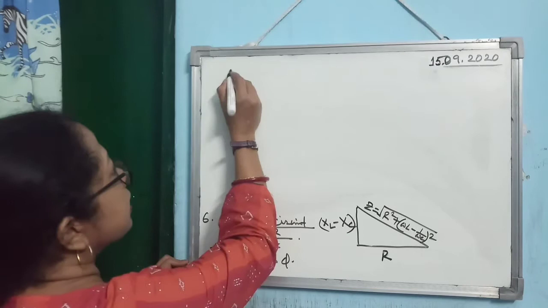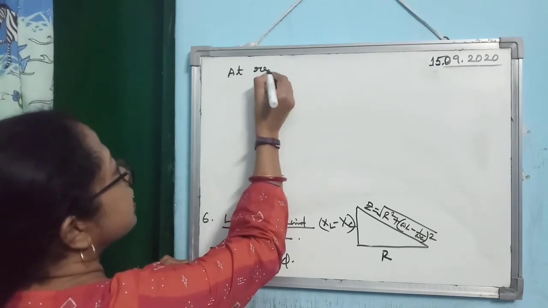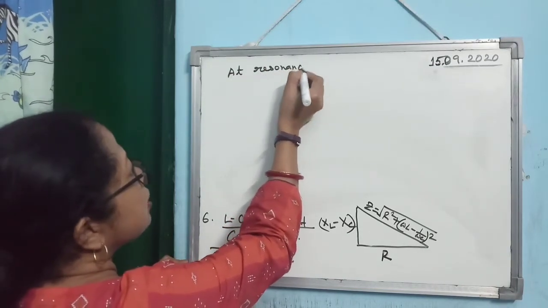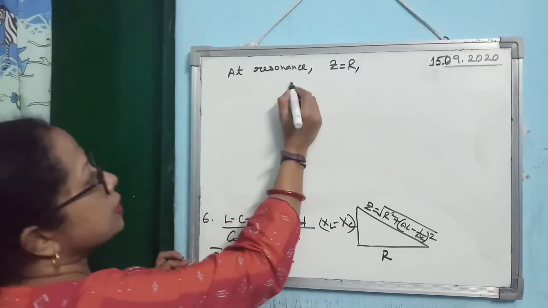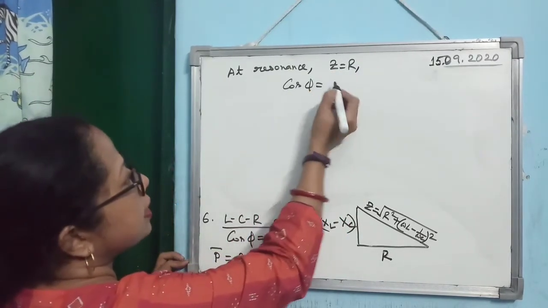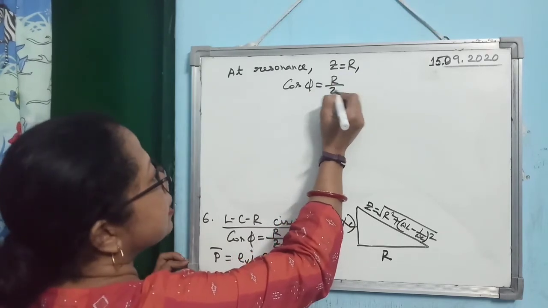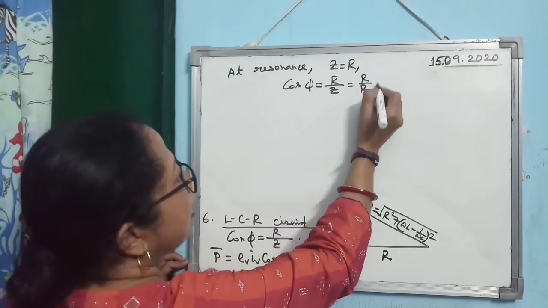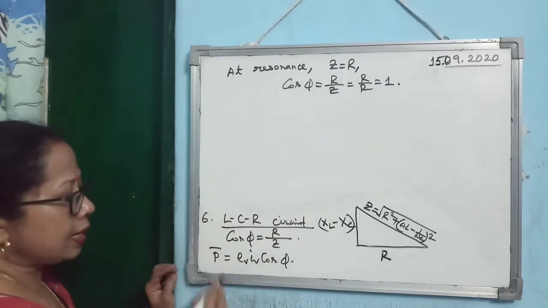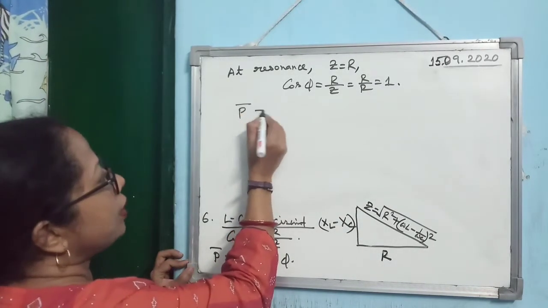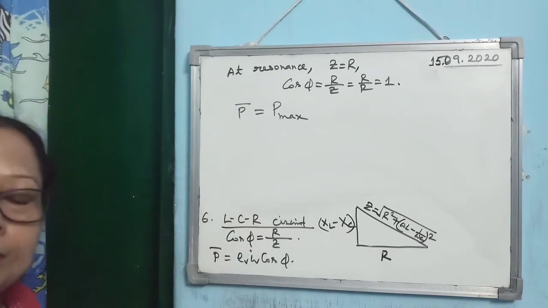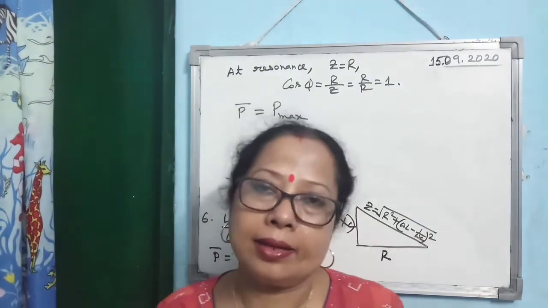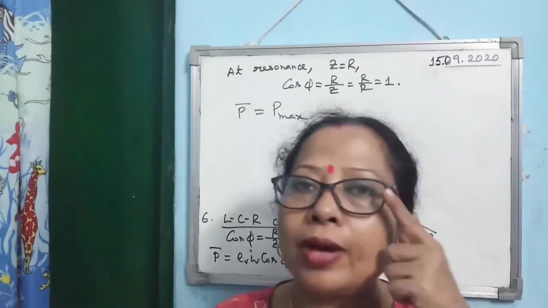For the LCR circuit, we know what happens at resonance. At resonance, you know Z is equal to R. So you see what is happening. Cos phi becomes R by Z equal to R by R equal to 1. Is that clear? So this average power becomes maximum, because you know that cosine has the maximum value 1.